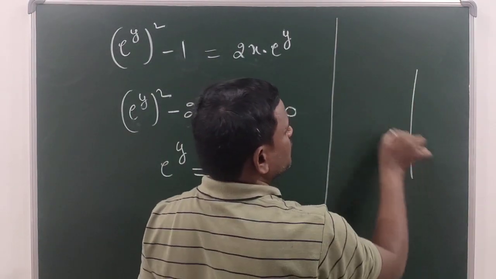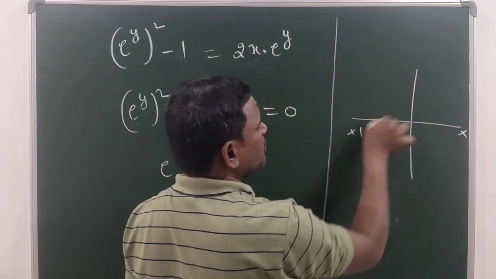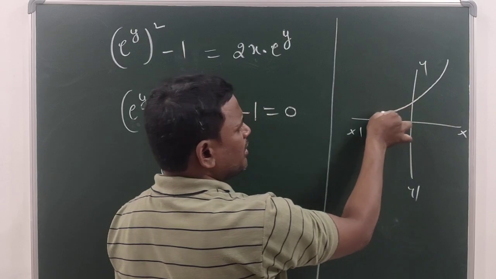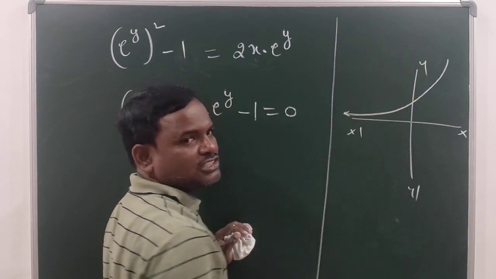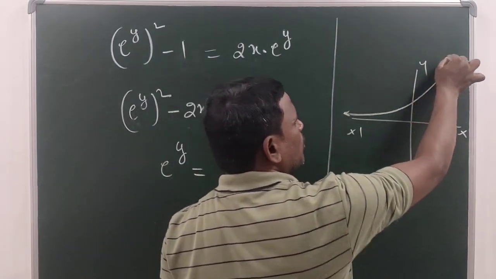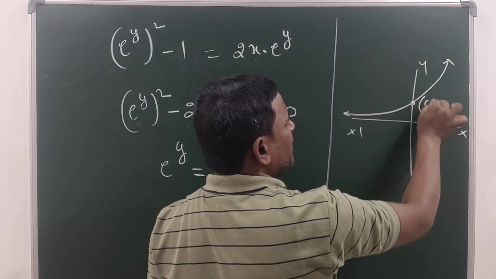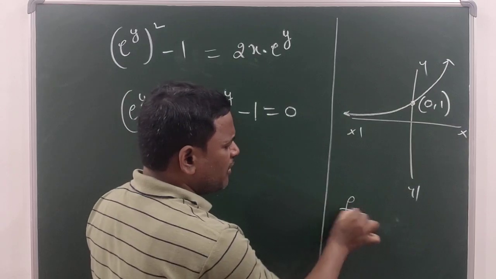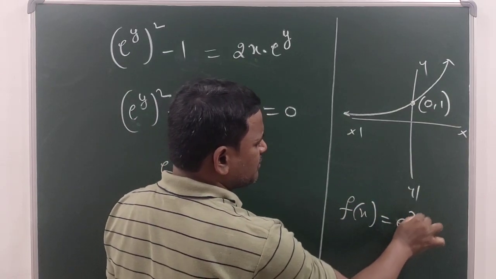The graph of e^x: if you draw the graph of e^x, you will get it like this. It is very close to the x-axis but never touches the x-axis. It will go like this and it intersects the y-axis at (0, 1). So f of x equal to e^x.